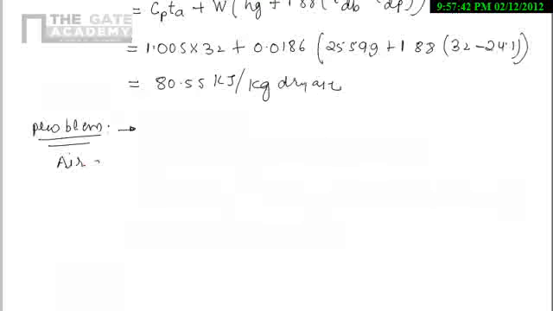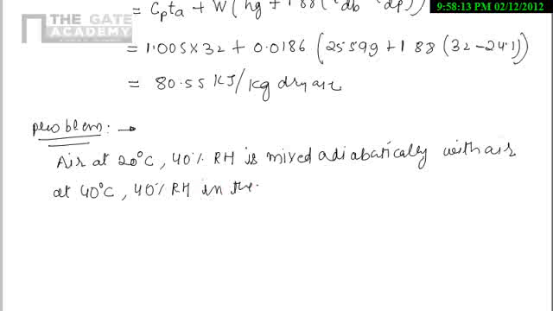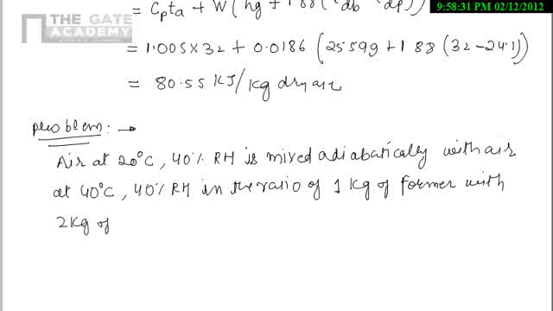Air at 20 degrees centigrade, 40% relative humidity is mixed adiabatically with air at 40 degrees centigrade, 40% relative humidity in the ratio of 1 kg of former with 2 kg of latter on dry basis. Find the final condition of air.